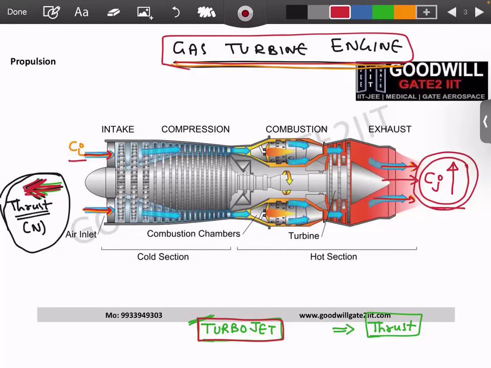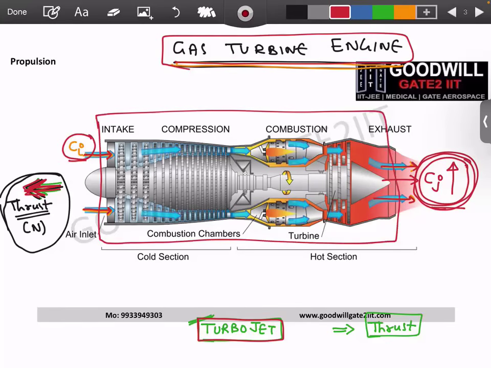Now, when you have low velocity at the entry and you want very high velocity at the exit so that you can produce thrust in the forward direction, you have to do something in between so that you can increase this velocity, right? And this, whatever red block I have shown you, is your propulsion syllabus.